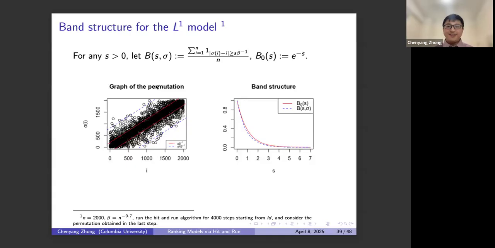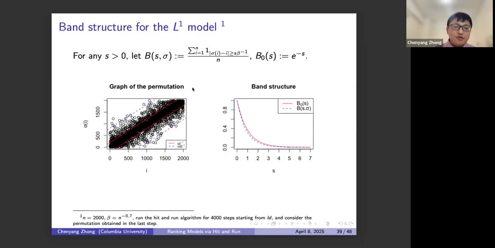Yes, so in this slide, I'm going to explain what the band structure is. So for any permutation sigma drawn from, for example, I'm just going to consider the L1 model, the result generalizes to the L2 model. So if we consider a permutation sigma from the Mallows model with L1 distance, we can think of the graph associated with this permutation, and this refers to drawing the points (i, sigma(i)), basically the pair of individual i and the associated rank sigma(i), in the two-dimensional plane.